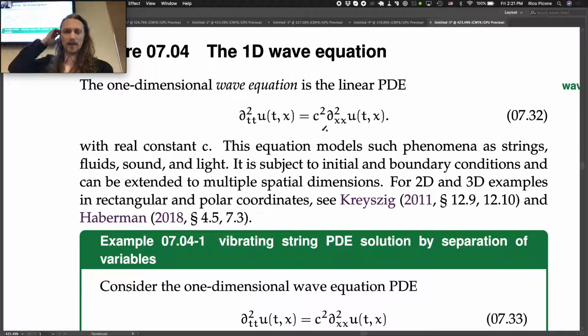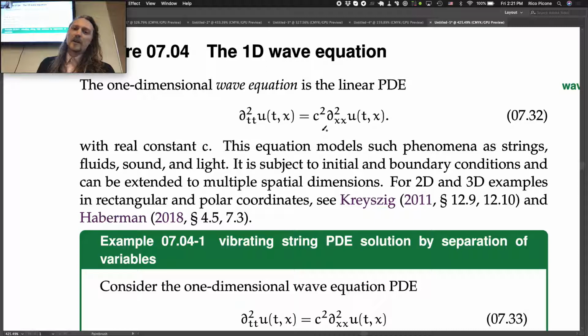You probably also did that for a beam. You may or may not have seen this in fluids, but it does show up there as well. And in physics, you would see the light and the sound ones, although typically when they teach undergraduate physics that engineers take, they don't get into the PDE part of it too far.